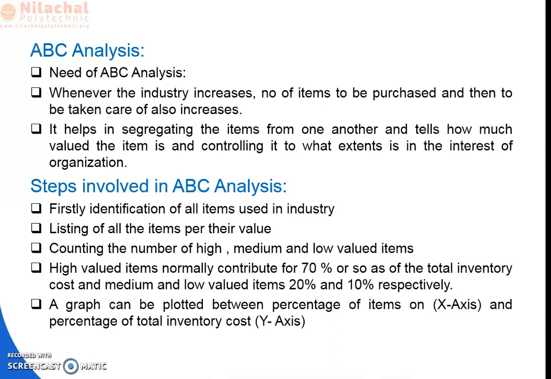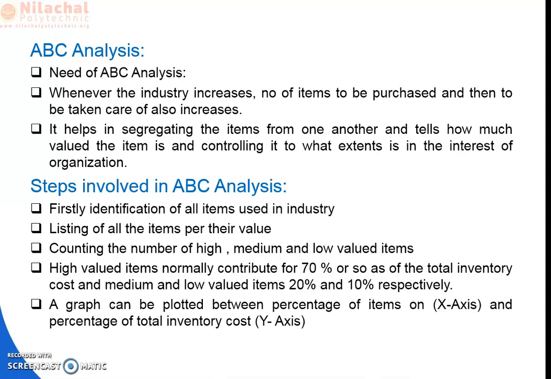Whenever the industry increases, the number of items to be purchased increases. If the production demand in the market is more, then we have to produce more product. For making more product, we are getting more material.